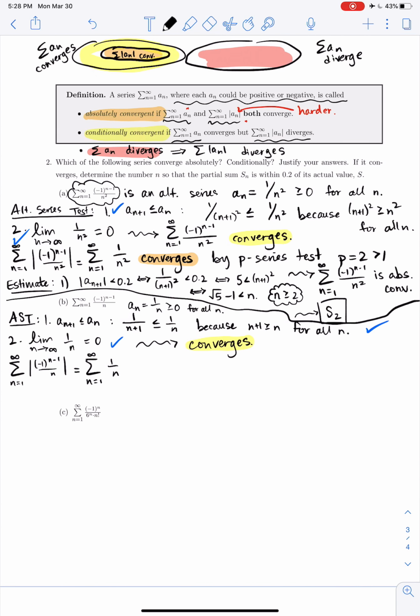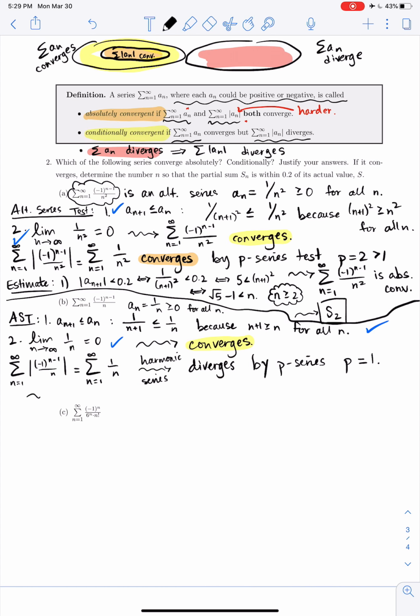But we know that this series, the harmonic series, which you saw in, I think, a couple previous videos, diverges. And this is true by the p-series test, because the power of n is 1.